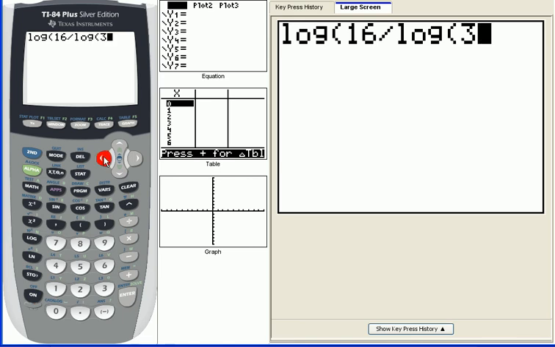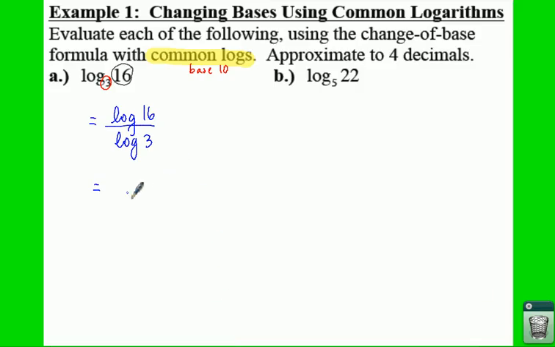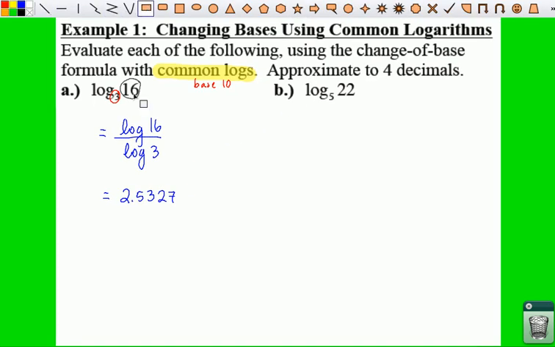So make sure you close off the 16 with a parenthesis. So I'm going to insert a parenthesis here, and we find our solution ends up being 2.5237. And that gives you your solution for 1a.